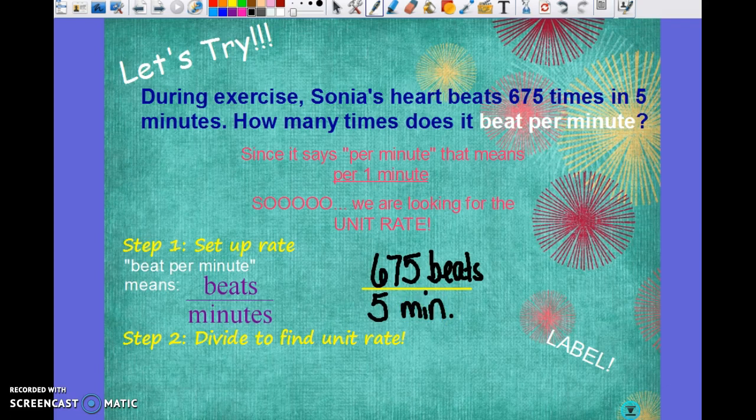So when I divided 675 divided by 5, you end up with 135 beats per minute. And I just divided the top by the bottom. And I know some people like to do divide by 5, divide by 5. Either way works.